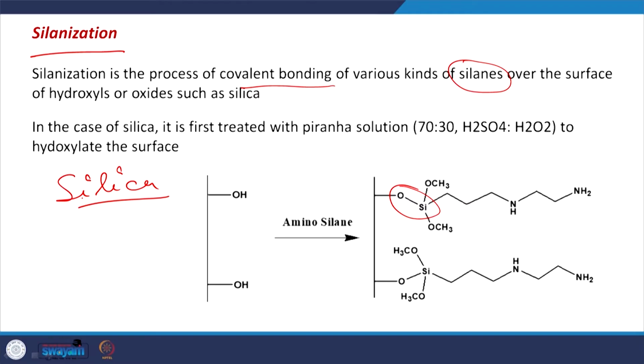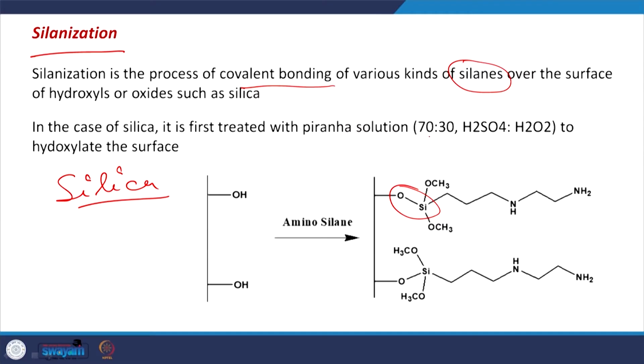But if you treat the glass with piranha solution, which is H2SO4 and H2O2, it gets hydroxylated with OH groups, and on these OH groups these silanes go and bind.